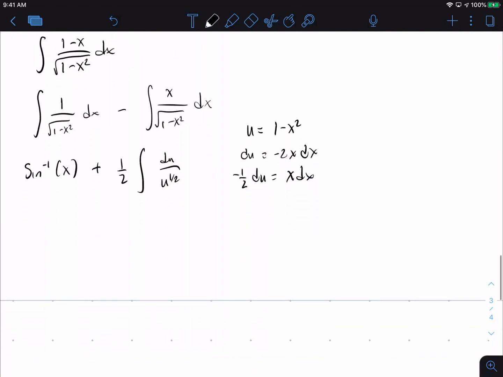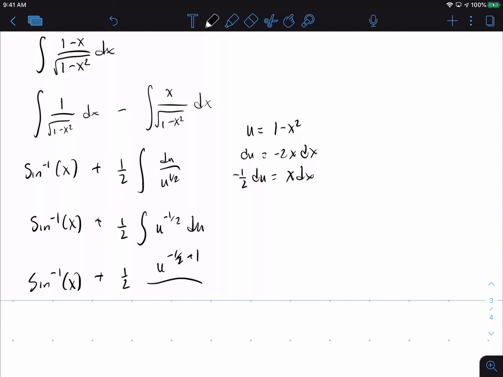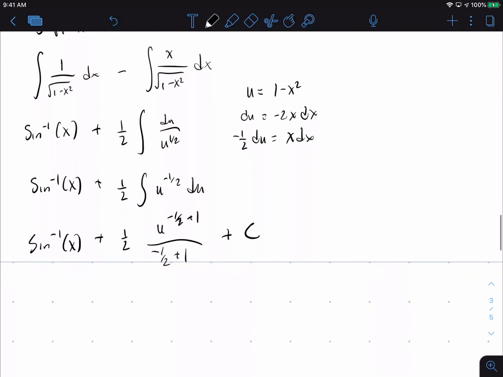Now when we go to do this integral, I'm going to get sine inverse of x plus 1/2 the integral of u to the negative 1/2 power du. Now I'm going to do the integral. It's u to the negative 1/2 plus 1 over negative 1/2 plus 1, plus our indefinite constant, which is going to give us sine inverse of x plus, the 1/2 and the 2 are going to cancel.